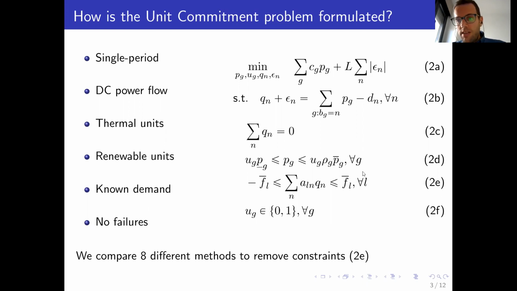So this is a very simple formulation where we are minimizing the operating cost plus some penalty for load shedding. This is the power balance equation for each bus, where this epsilon here is the load shedding. Basically, generation equals demand in the system.